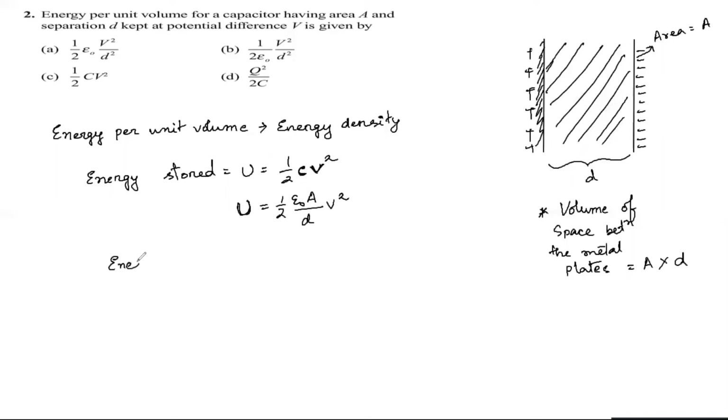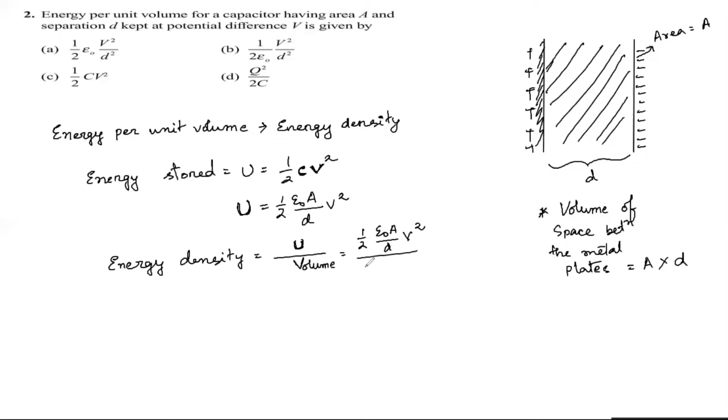But since we have to find energy density, what we have to do is divide this energy by the volume of the space between the plates. Okay, so we are going to express this part, epsilon naught A by d V square. This is the total energy stored, and this is my volume.